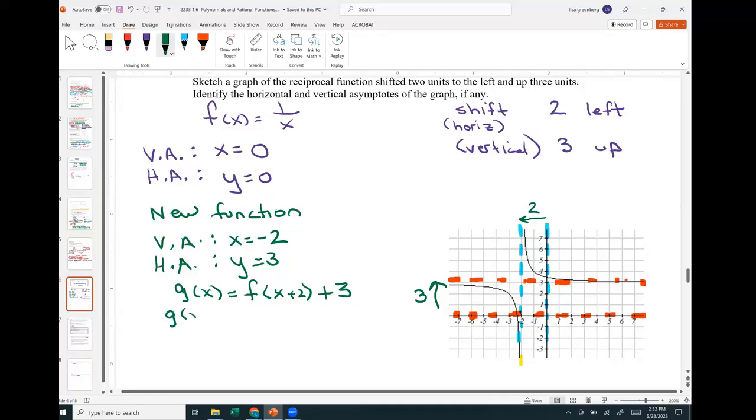So we have g of x is equal to f of x plus 2, which is 1 over x plus 2, plus 3. And if I want to write it as one fraction, we get a common denominator, which is x plus 2. And we can combine our numerators now.